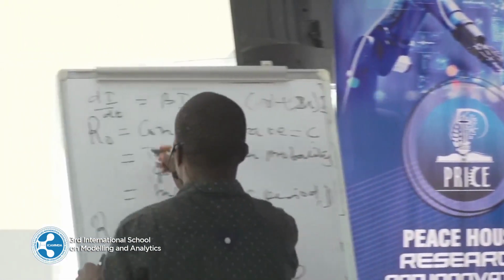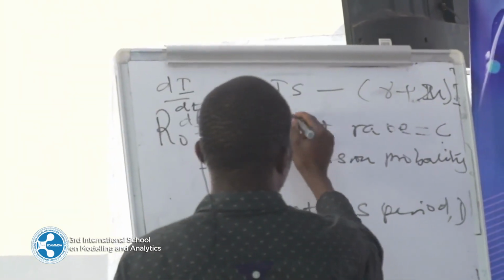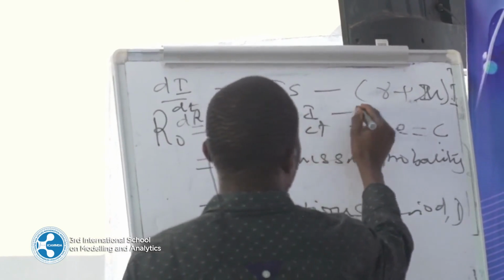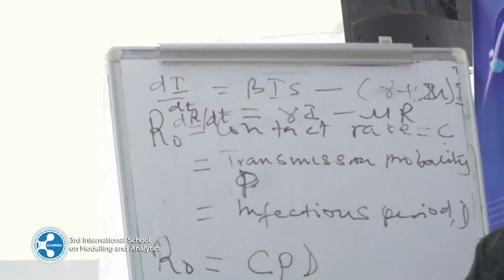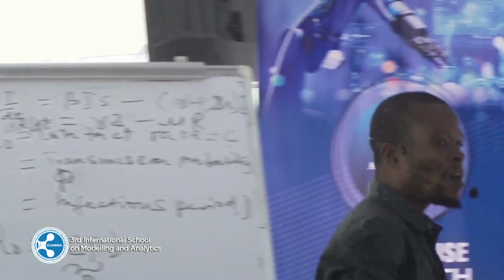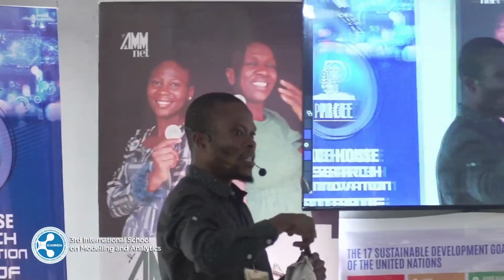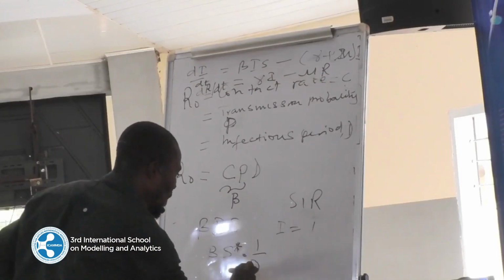Then the person becomes recovered, dR/dt is equal to gamma I minus mu R. So it will mean that the duration of infectiousness of this person is on average the time to recover, which is equal to 1 over gamma.